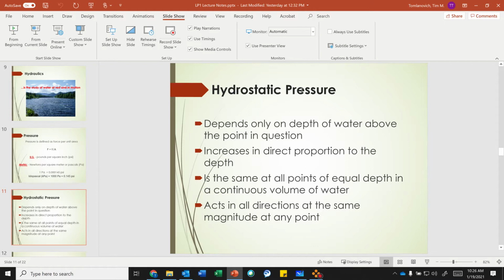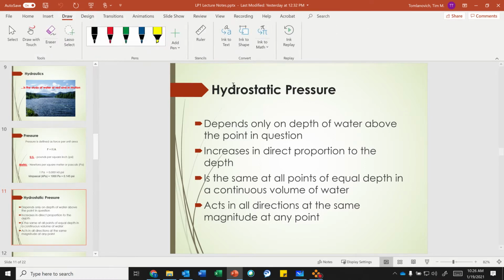So the deeper I go, the pressure goes up. It increases in direct proportion to the depth. Why is that? Let's think about this. Now we've got to use blue for water. All right, so this is our water surface.